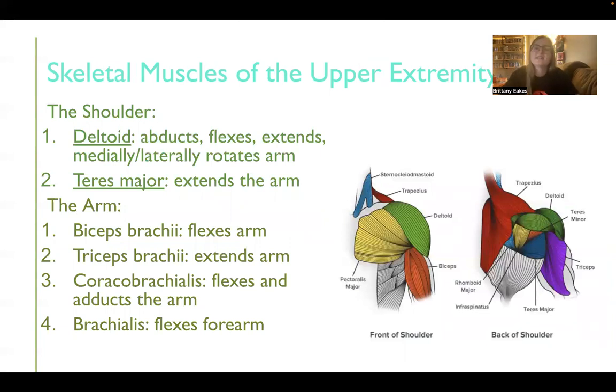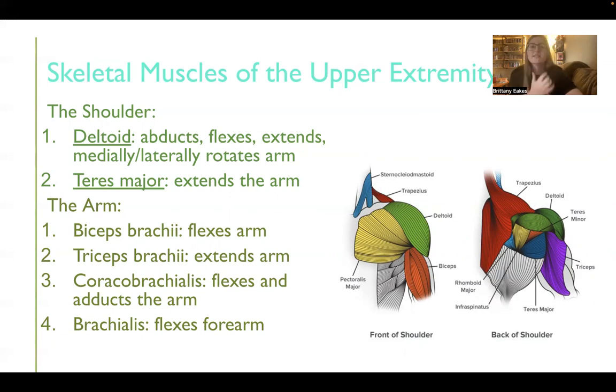So let's talk about skeletal muscles of the upper extremity. And you'll notice I'm not doing every muscle of the body because there's over 600. So we're just doing the ones specific to our curriculum as funeral service science students. So in the upper extremity, we have the deltoid, which is the triangle shaped muscle.